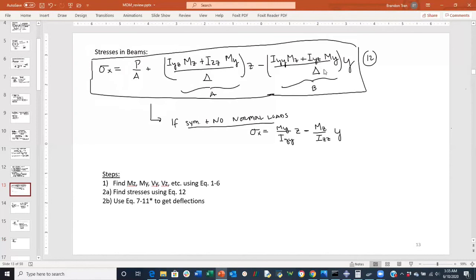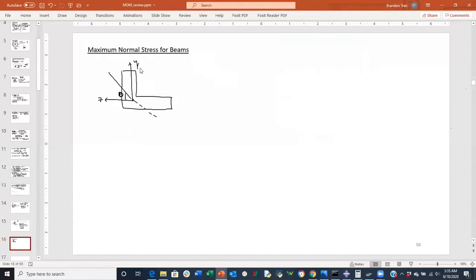You can exclude the normal stresses because they're not dependent on z or y location, so you can just add them towards the end. But you're really interested in where the maximum bending normal stress is. So it'd be the farthest location in the y and z direction with respect to the centroid. You would analyze several points that you assume are the farthest, one far for z and one far for y. You essentially just need to target the farthest point in order to get the maximum stress.